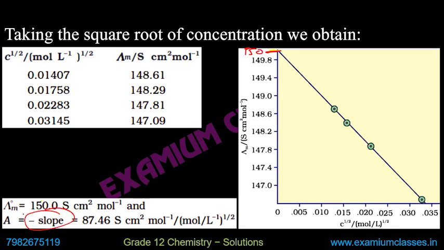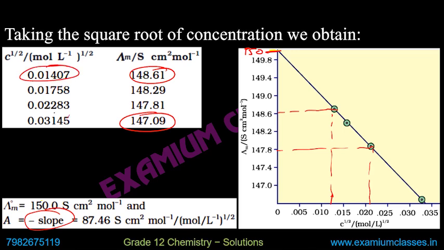For the slope, take any two values, this and this difference, and these differences. Whichever you consider, you can get the answer. Slope is always delta y divided by delta x. From here, you will get the slope. It will come out to be negative in this particular case.